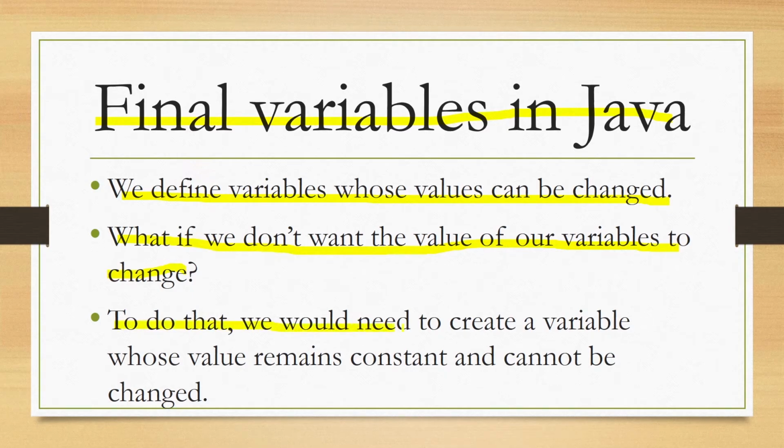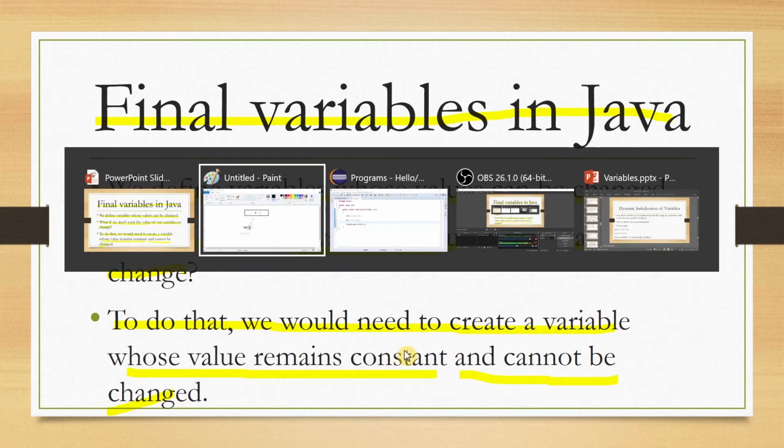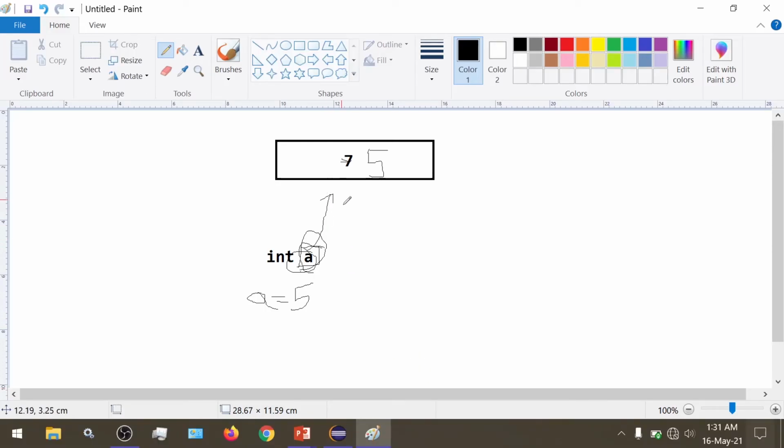So to do that, we would need to create a variable whose value remains constant and cannot be changed, for making a constant. As we saw, initially the value was 7, which was changed to 5. We want to restrict this change. Then what can we do to prevent the changing of values?